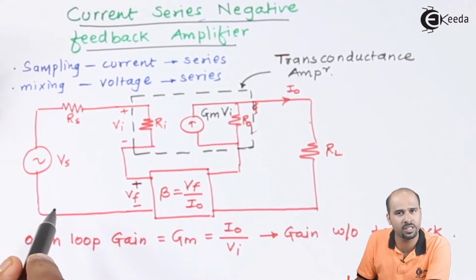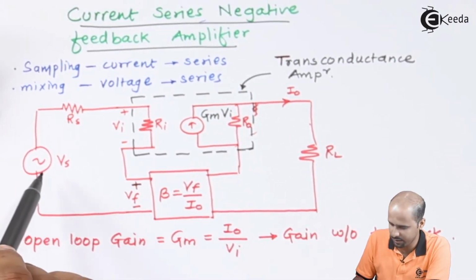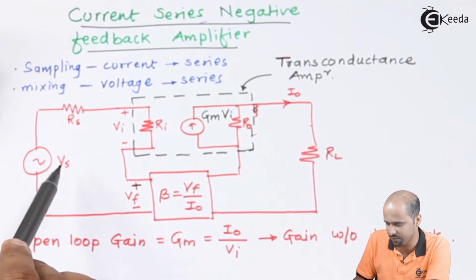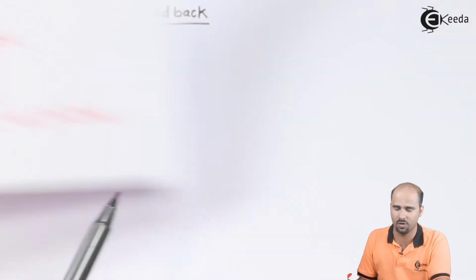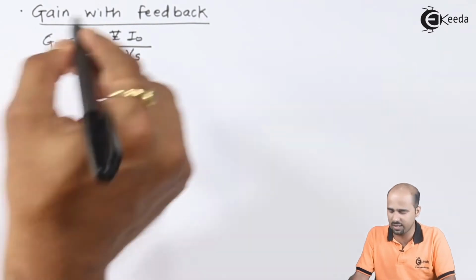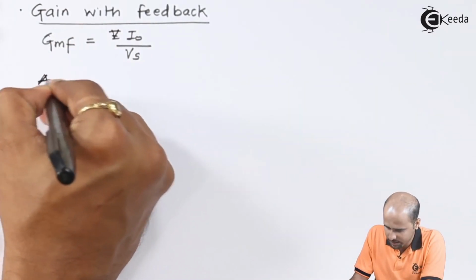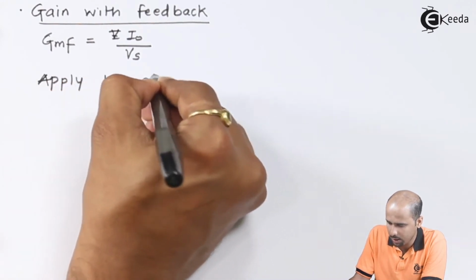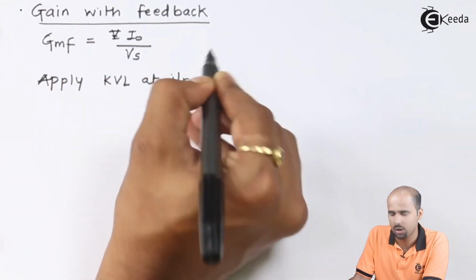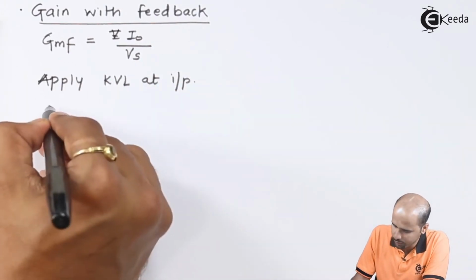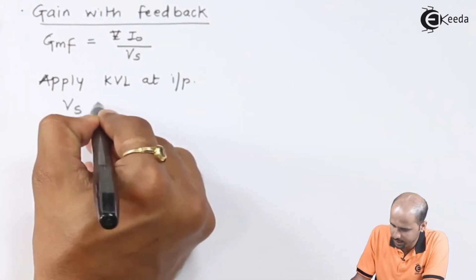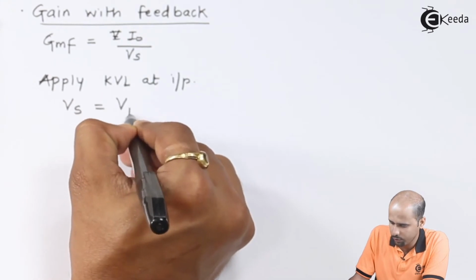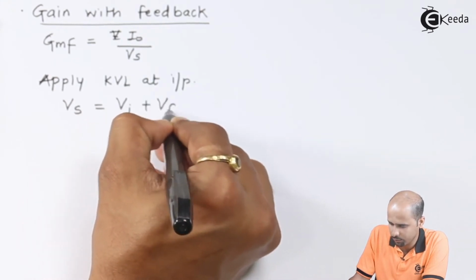As we have done in the voltage series negative feedback circuit, here also we'll repeat the same thing. We'll apply KVL at the input.